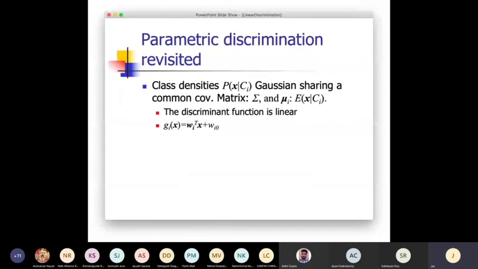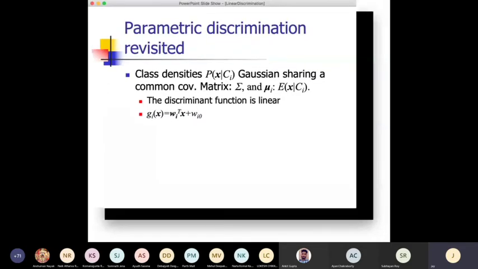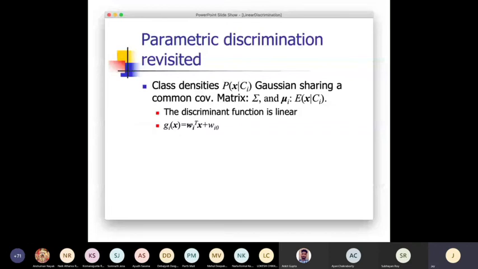If I consider the case that your likelihoods are Gaussian, sharing a common covariance matrix sigma, but their means, their expectations, are different for different classes, then maximization of posterior value means you are computing a set of discriminant functions and taking the corresponding class with maximum value.